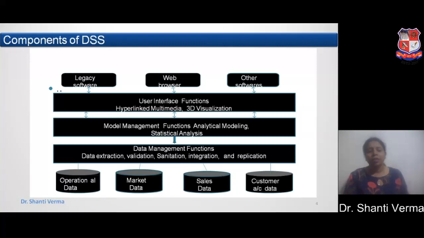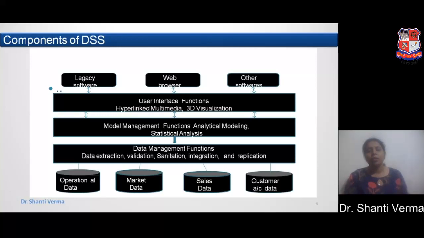From these different types of databases, data management functions are defined. Some data management functions are data extraction using queries, data validation using constraints, sanitation, integration with the forms, and the replication of data.